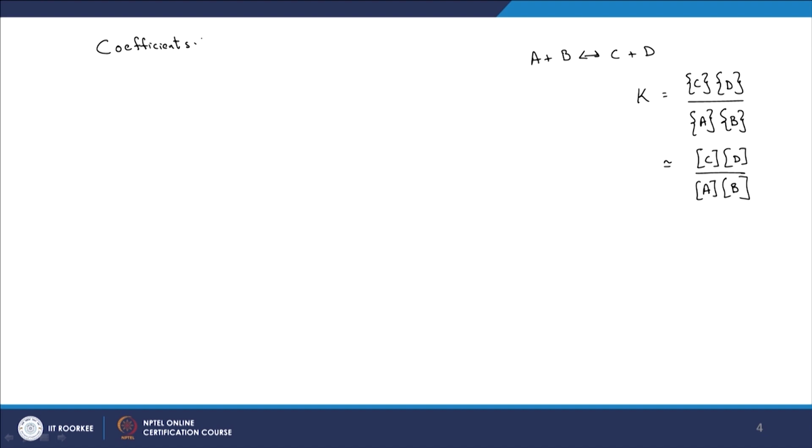So we have different cases. One is stepwise, and another case would be direct. In the case of stepwise, I am going to have a deprotonated ligand, and for that the coefficient is going to be expressed as Ki, please keep that in mind.